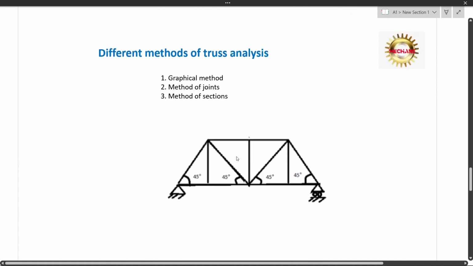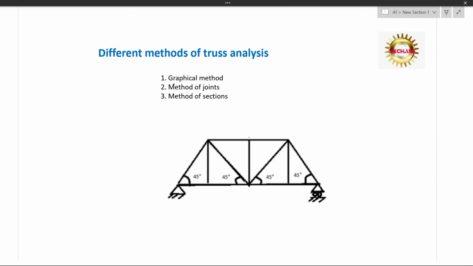Then there are different methods for truss or frame analysis. The graphical method, which we don't use now, and we can use the method of joints and the method of sections to find the unknown forces in a truss or frame. So what is the method of joints?